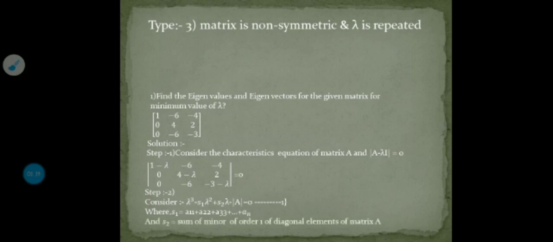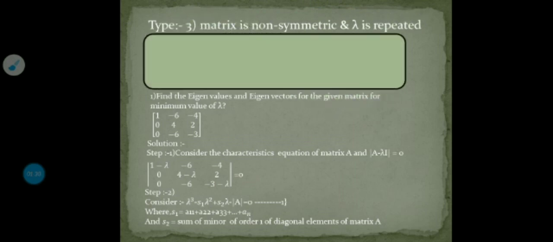Then find the value of s2, which is the sum of minors of order 1 of the diagonal elements of matrix A. Then put all the s1, s2 and determinant values in the equation. So now we are putting s1, s2 and determinant of A into the equation of lambda.